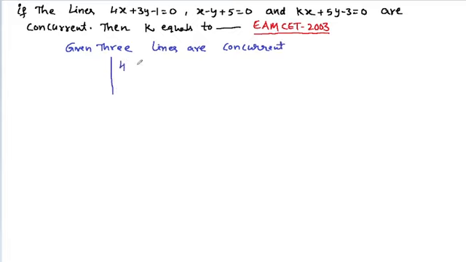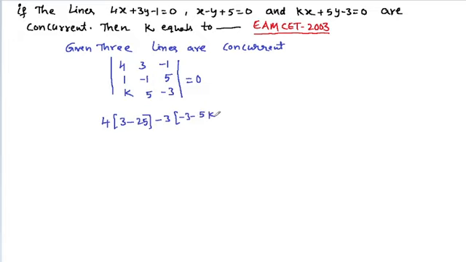That is, the determinant with rows 4, 3, minus 1; 1, minus 1, 5; k, 5, minus 3 is equal to 0. Now the determinant of this value is 4 into (3 minus 25) minus 3 into (minus 3 minus 5k) minus 1 into (5 plus k) is equal to 0.